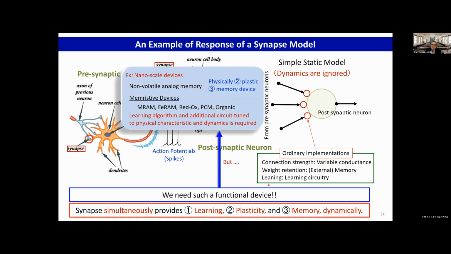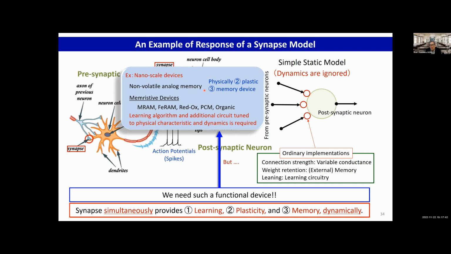One example is the nanoscale device, which is usually a non-volatile analog memory, usually called memristive devices. Those new devices usually physically implement the second one, plasticity and memory. However, the learning is not inherently realized, but maybe external learning circuitry or clever tuning of the shape of the impulse and spikes are needed.